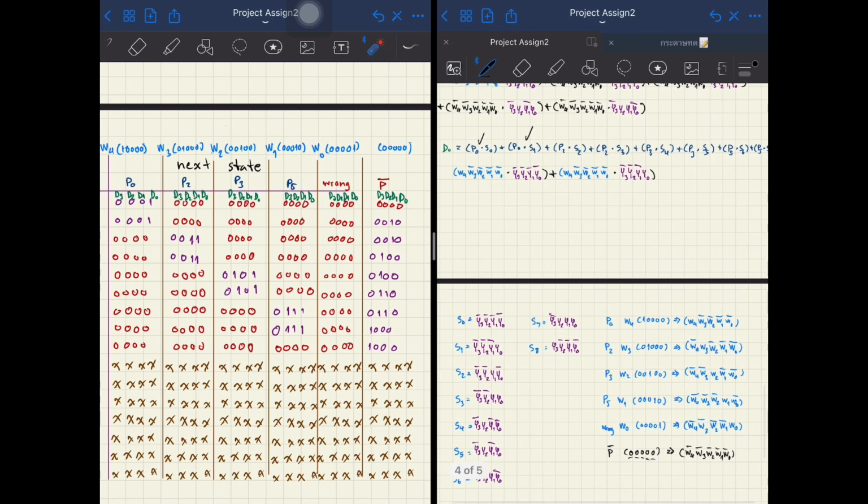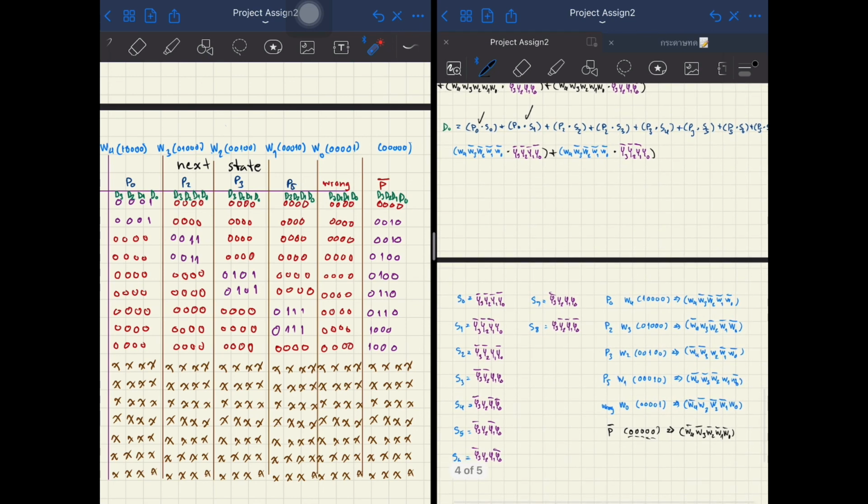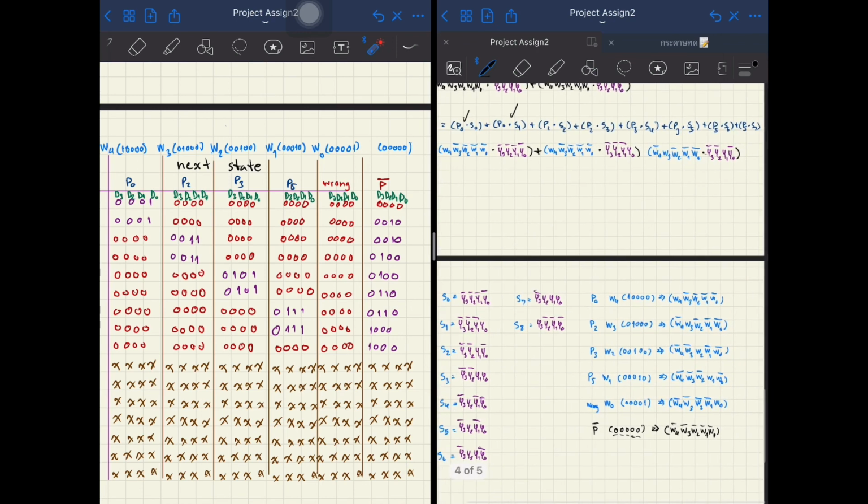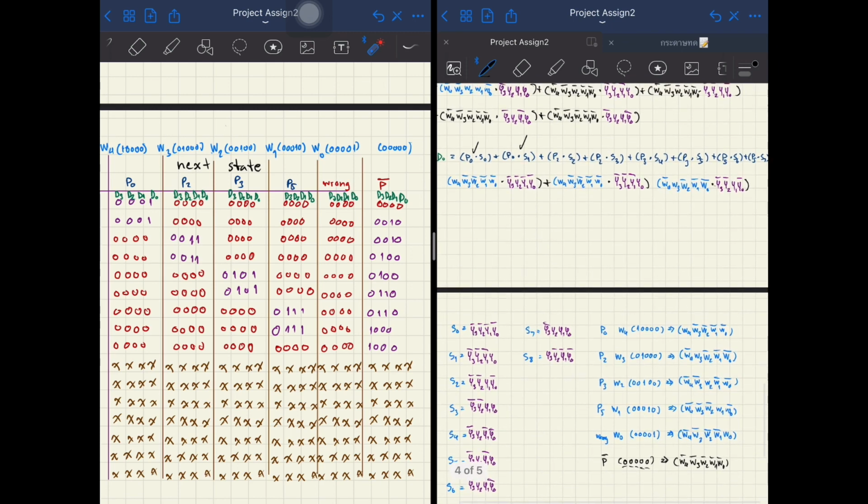Check P2 and with state 2. P2 is here. And with state 2, right? State 2. No, there is no space. Okay. P2 and with state 2 is all here.